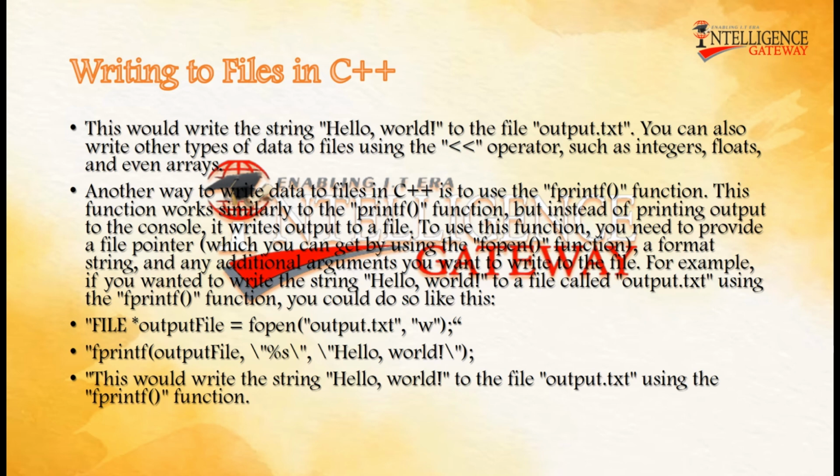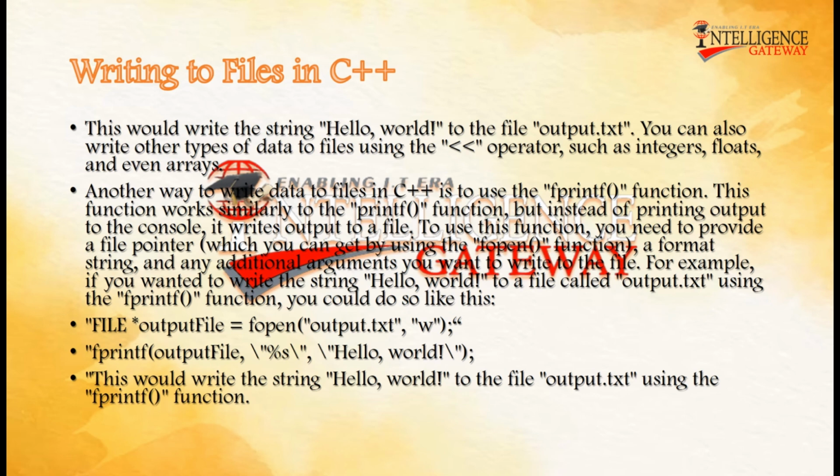Another way to write data to files in C++ is to use the fprintf function. This function works similarly to the printf function, but instead of printing output to the console, it writes output to a file. To use this function, you need to provide a file pointer, which you can get by using the fopen function, a format string, and any additional arguments you want to write to the file.